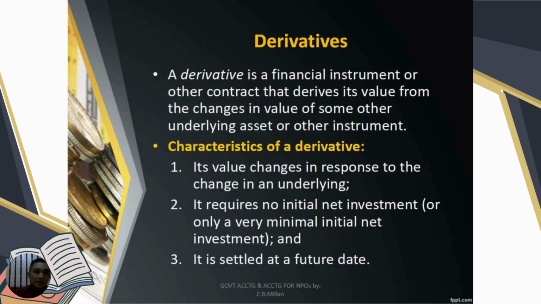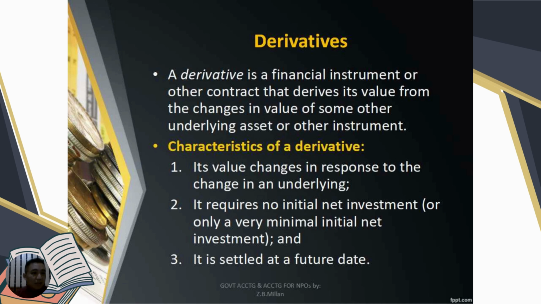Derivatives. A derivative is a financial instrument or other contract that derives its value from the change in value of some other underlying asset or instrument. So its value changes. For example, you transact now, but its value will change in the near future.